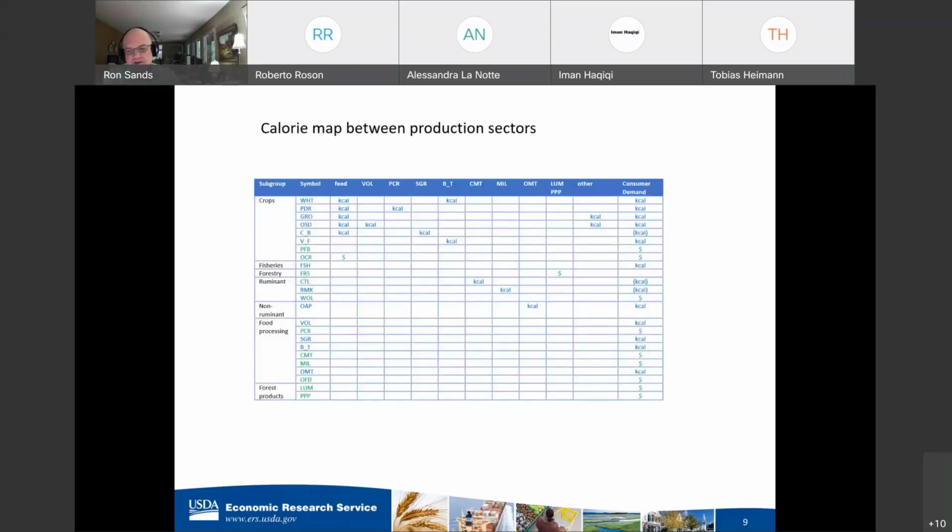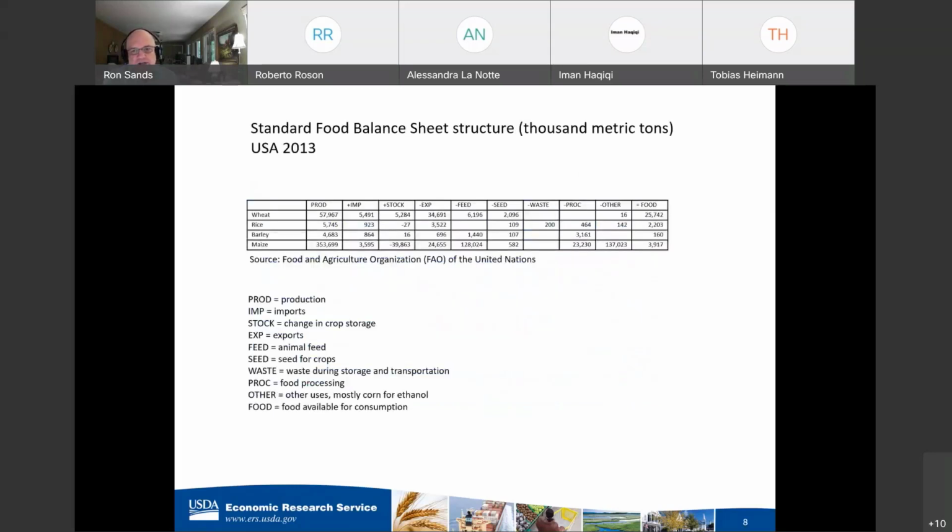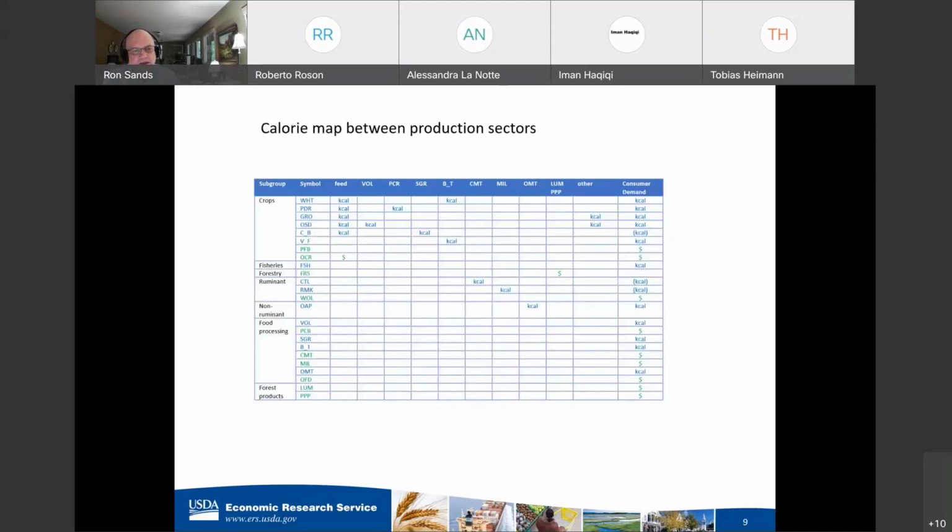And here's a diagram, which is actually not very easy to explain, but the basic idea is to take the food balance sheet that comes from FAO, convert that to calories, and then for the rows that you see in blue, I actually remove the monetary values from the input-output table or the social accounting matrix and replace it with quantities in terms of calories.